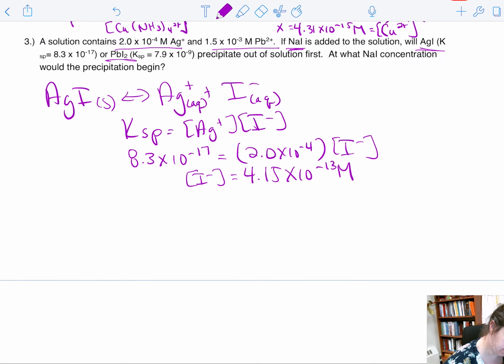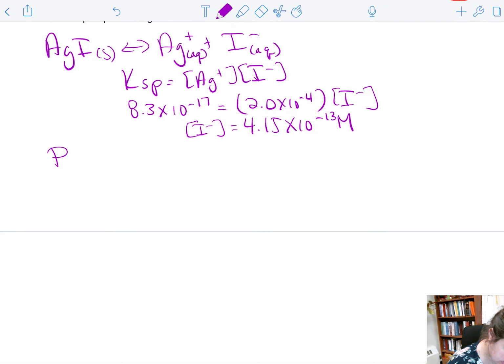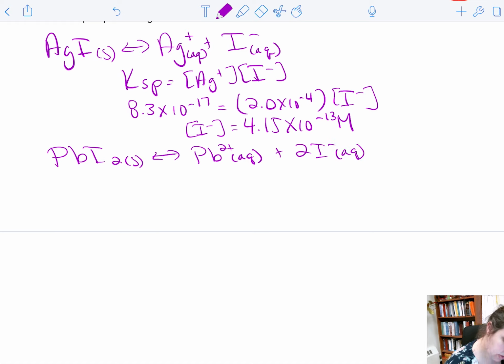Do the same thing for lead iodide. So when lead iodide dissolves, we produce lead ions and iodide ions. So our Ksp in this case would be equal to lead 2 plus times I minus squared.